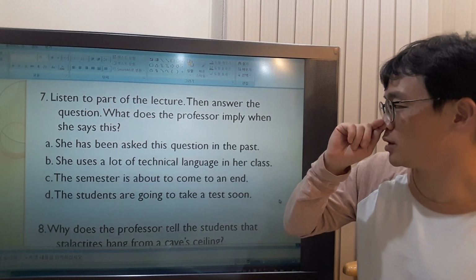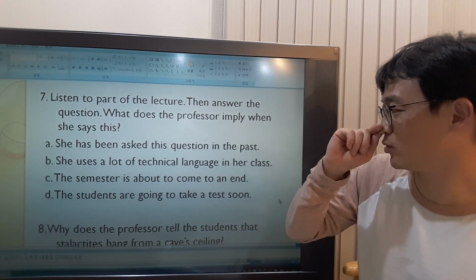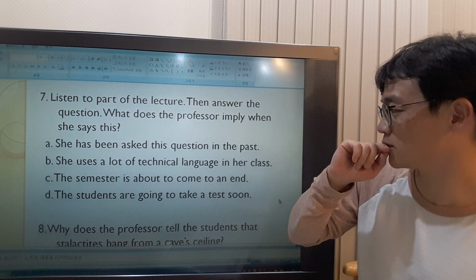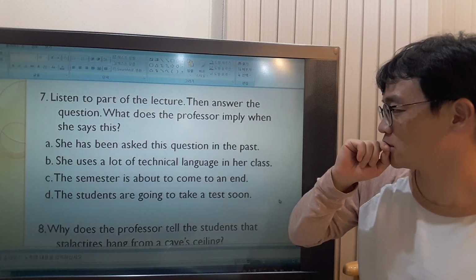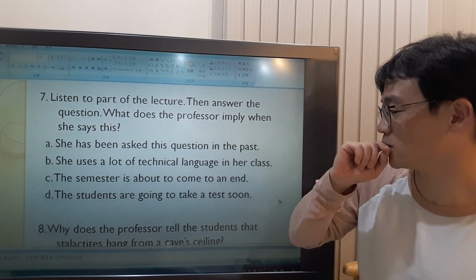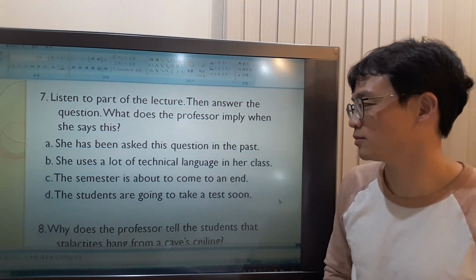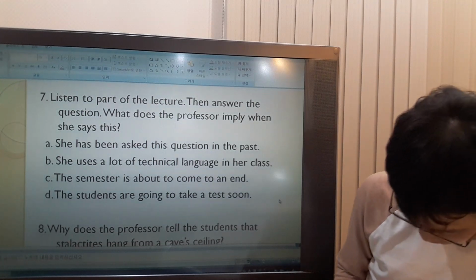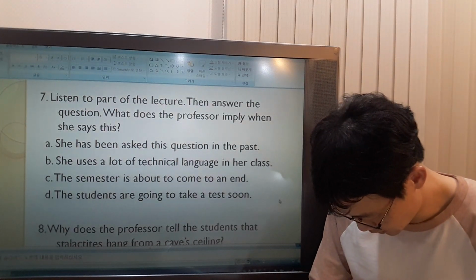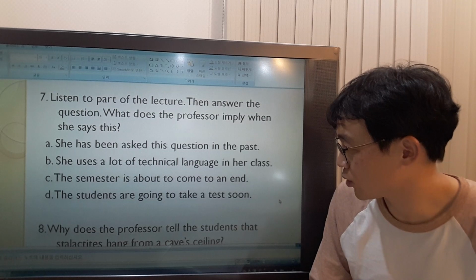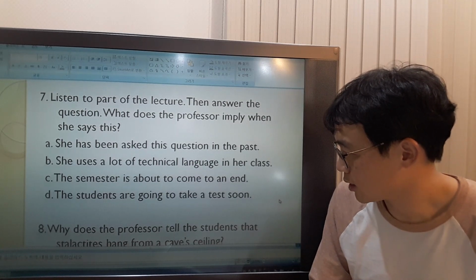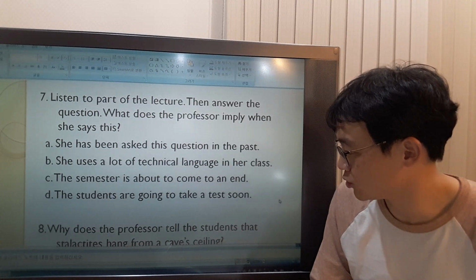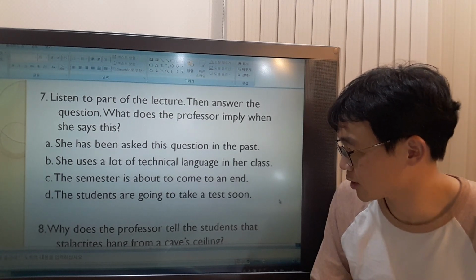B. She uses a lot of technical language in her class. What is technical language? Technical language or words means the words or the language which is only used in a particular subject.